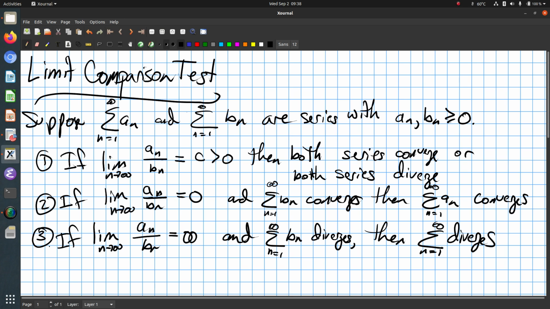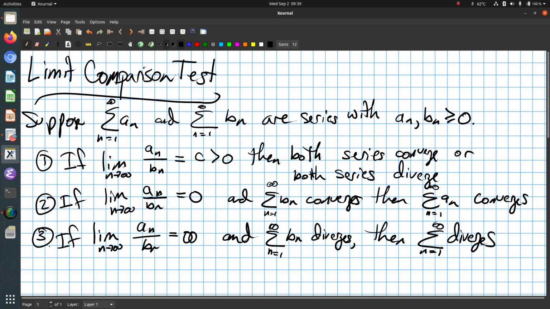Now, if that limit of the ratio of their terms turns out to be 0 or infinity, then essentially what you should have intuitively is that A is less than B. And so what ends up happening is if your B series converges, it's bigger and it forces A to converge.